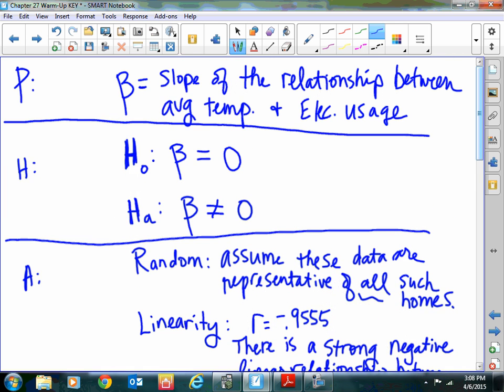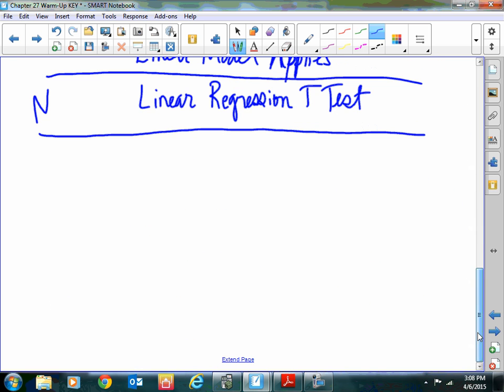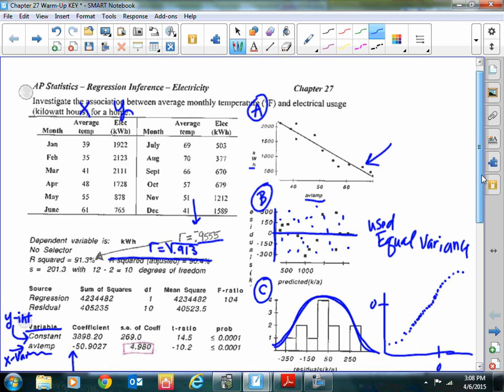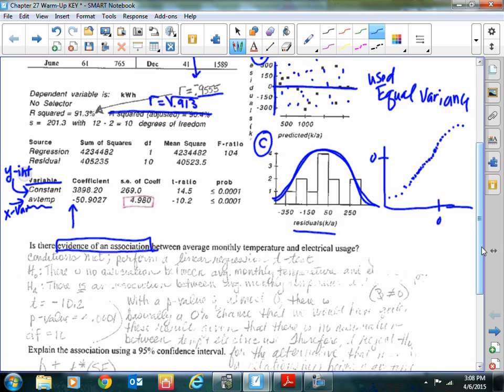Okay, so the test statistics that we need to include are the t-score, the p-value, and the degrees of freedom. So let's look at those over here on my computer printout. Now, there's a lot of stuff here, and you do not need all of it. I've not been doing this sum of squares, this mean square, this F ratio.